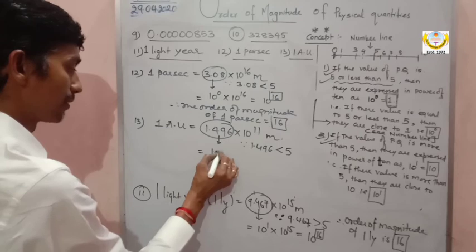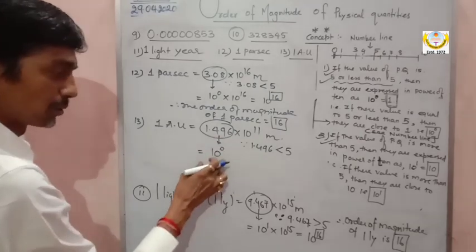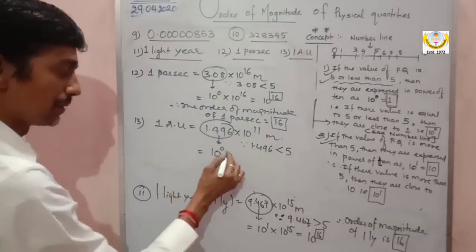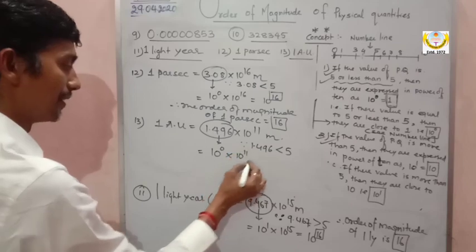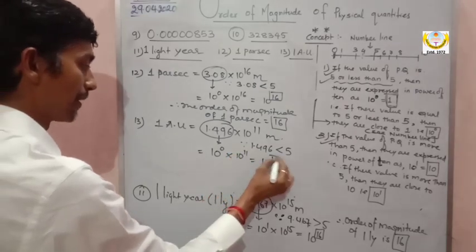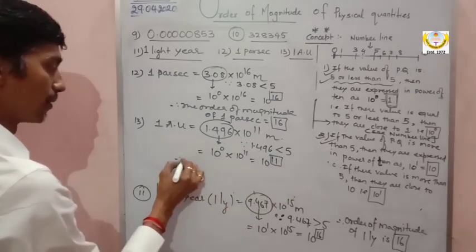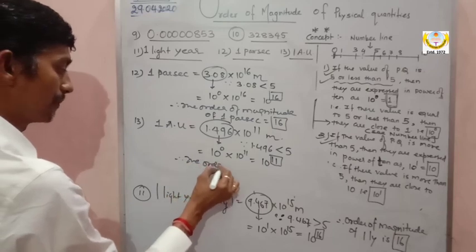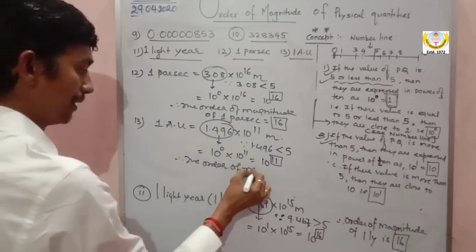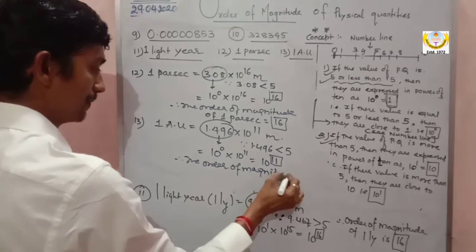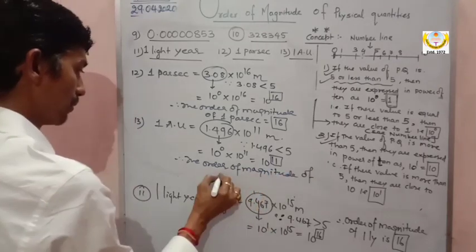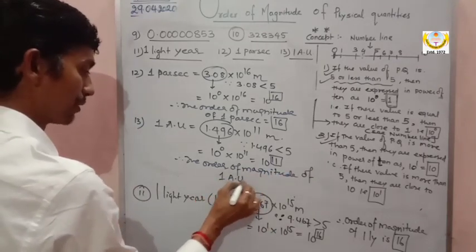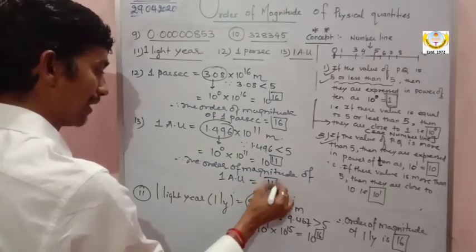The answer will be 10 power 0 into 10 power 11, which gives 10 power 11. Therefore, the order of magnitude of 1 AU, that is 1 astronomical unit, is 11.